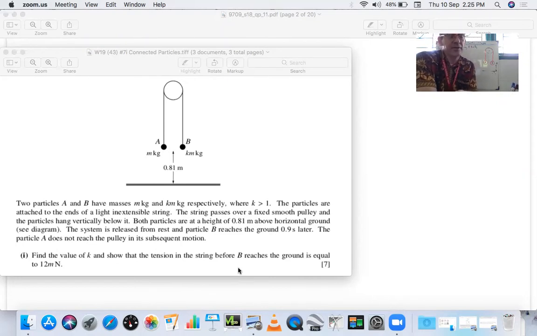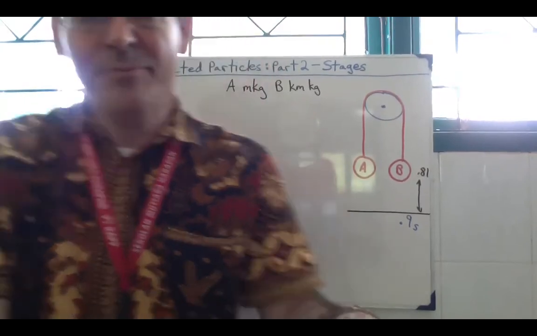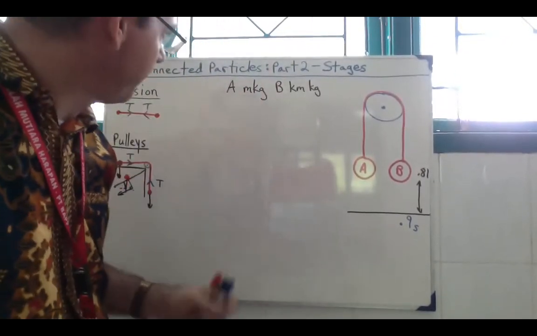So the first part of the question, find the value of K and show that the tension in the string before B reaches the ground is equal to 12 m, or 12 times the mass, newtons. And this is worth 7 points. So let's go back to our diagram and see what we got.